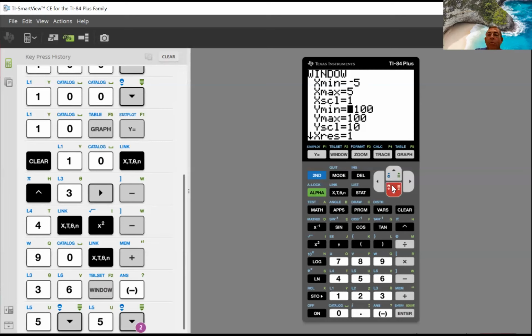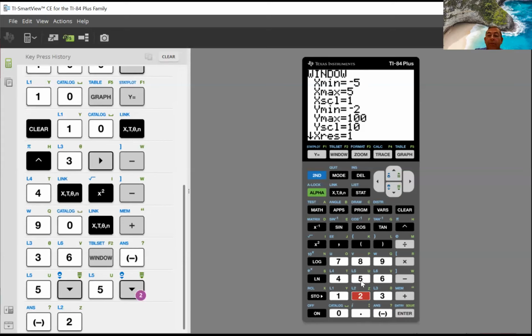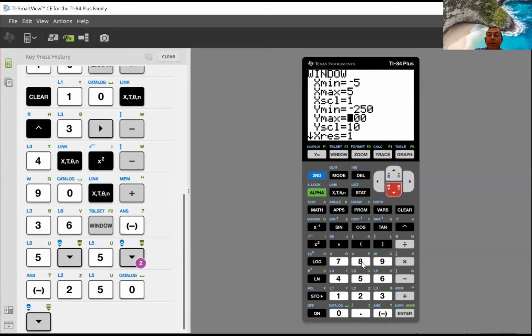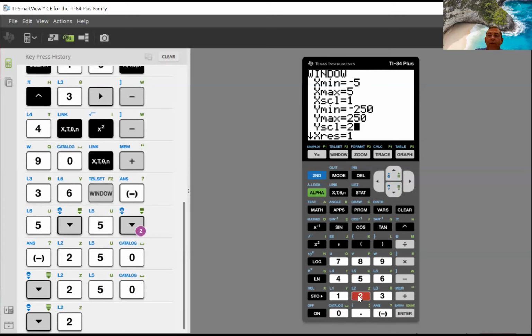And then down here, my y's went from -250, so they're really zooming this graph out, and then 250 for the max. And there were 10 of them, so that had to be going by 25s. Usually they'll take the number and divide by 10 to get their scale.